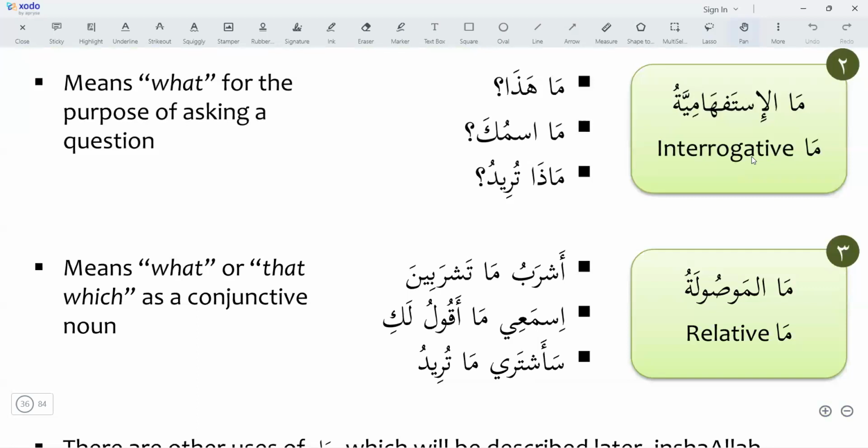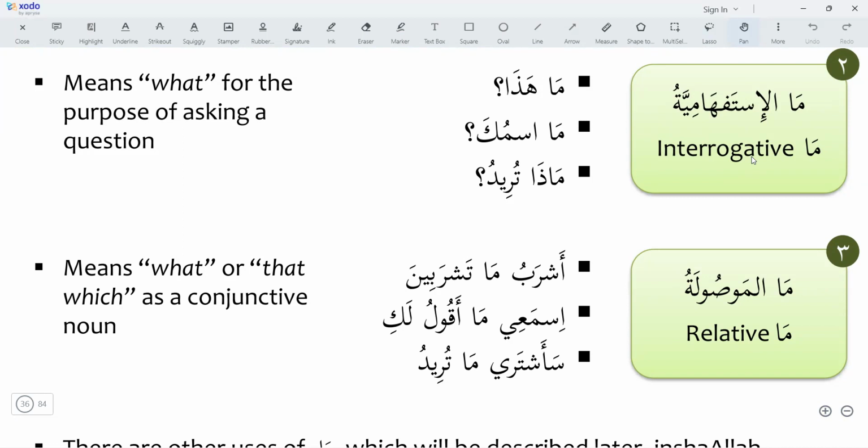I don't eat, meaning I am not eating now. If you say la akulu, it means I don't eat. La ashrabul kahwa, I don't drink coffee, means you are habitually not drinking coffee.